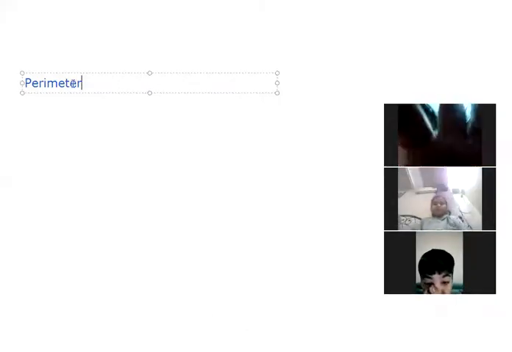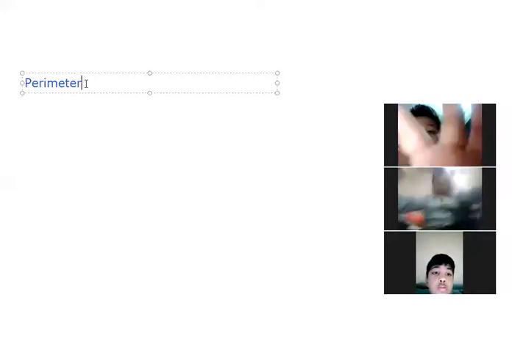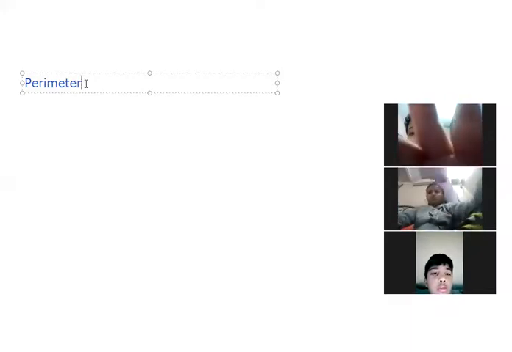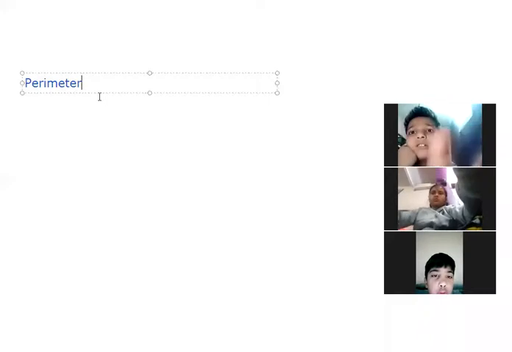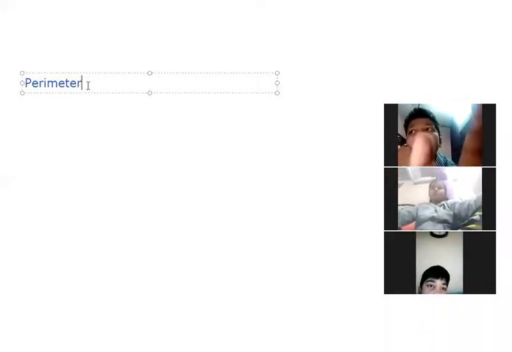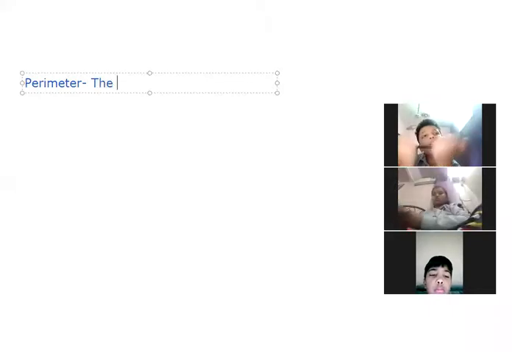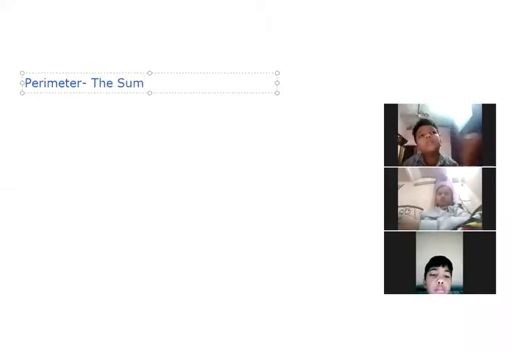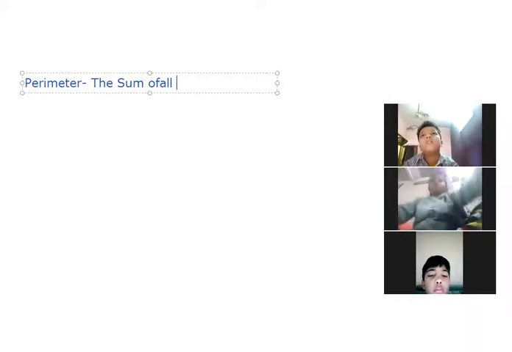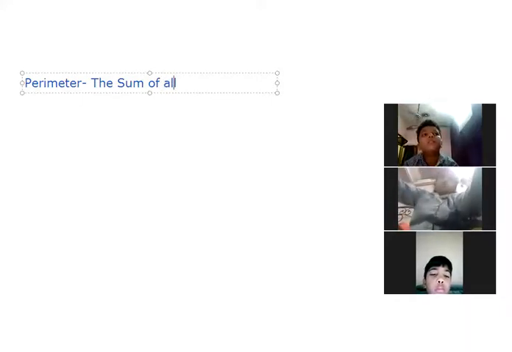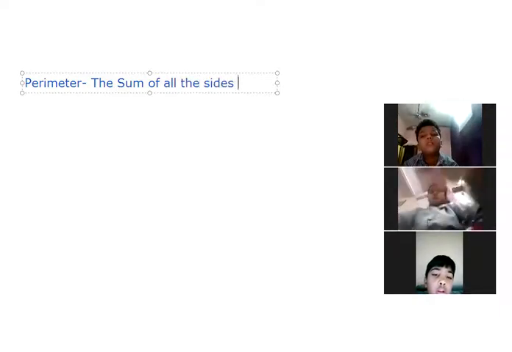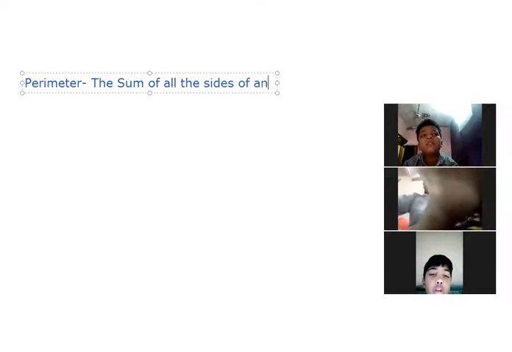Okay, beta. So today we are going to explain this particular part with the help of some examples also. So what exactly does perimeter mean? We can simply write down the sum of all the sides of any shape.